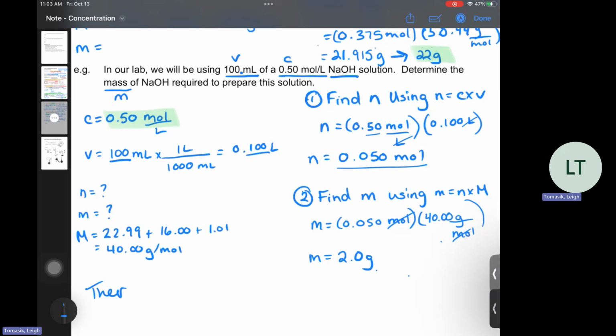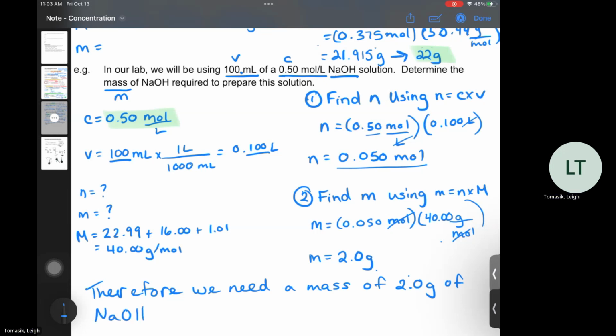So therefore, we need a mass of 2.0 grams of sodium hydroxide to make 100 mils of a 0.50 moles per liter sodium hydroxide solution.